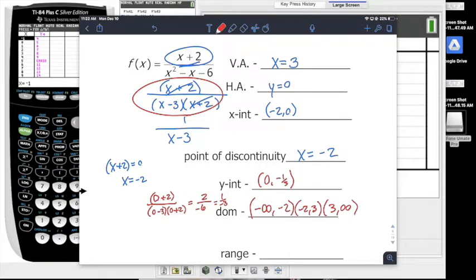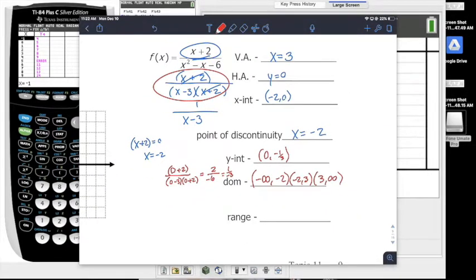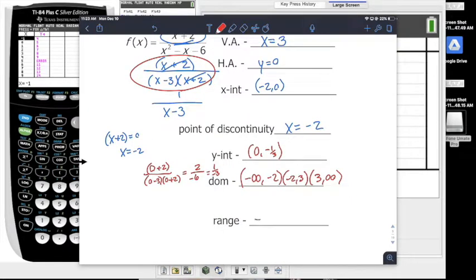That's because you have the point of discontinuity right here in this gap, and then you have the vertical asymptote in this second gap right there. So the domain's pretty wonky there. And then the range that's tied into your horizontal asymptote, that's just going to be from -infinity to 0, and then from 0 to infinity.